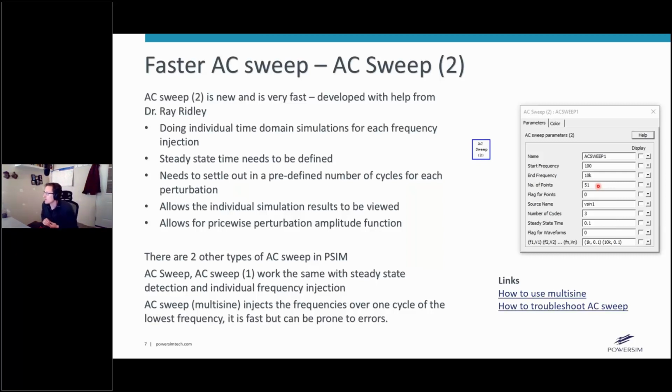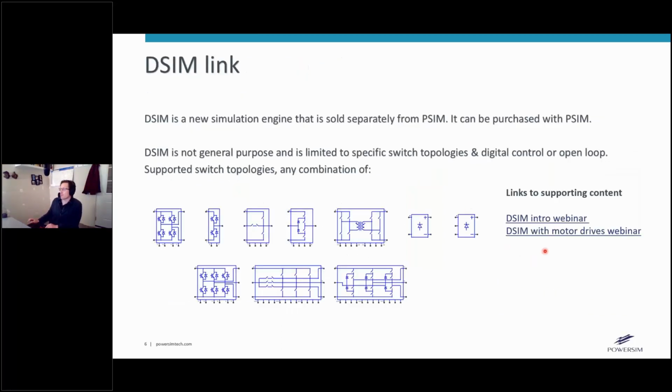What's the coverage of DSIM? There's a question about the coverage of DSIM in terms of MMC. Yes, you can build a very large MMC using this block or this block, the chopper block or the H-bridge block, to build up a very large MMC system, or to have multiple MMCs working together.